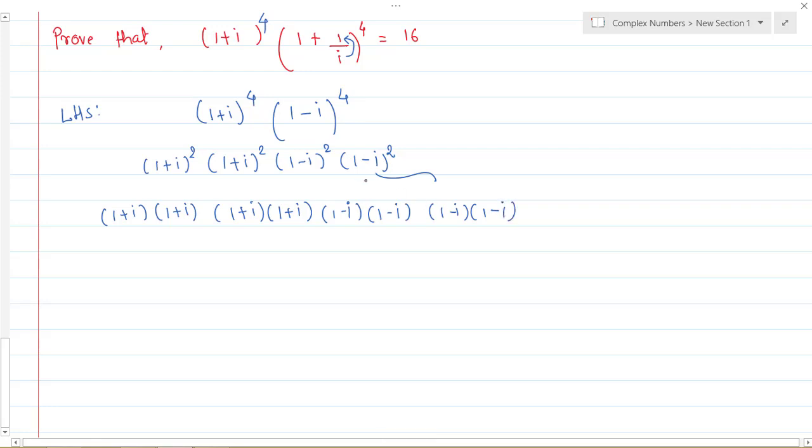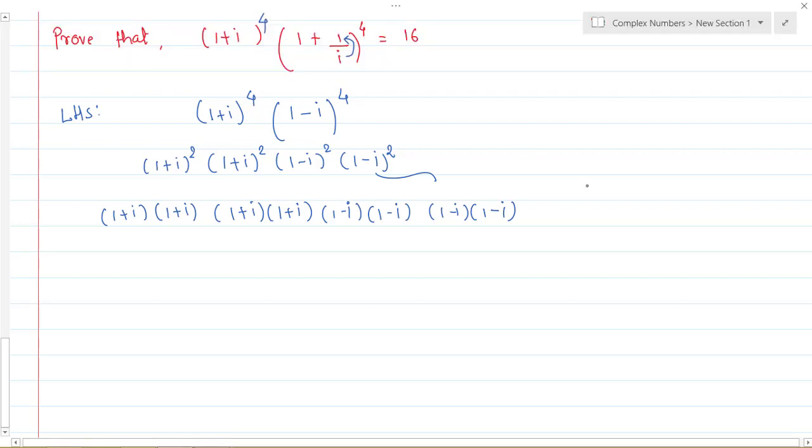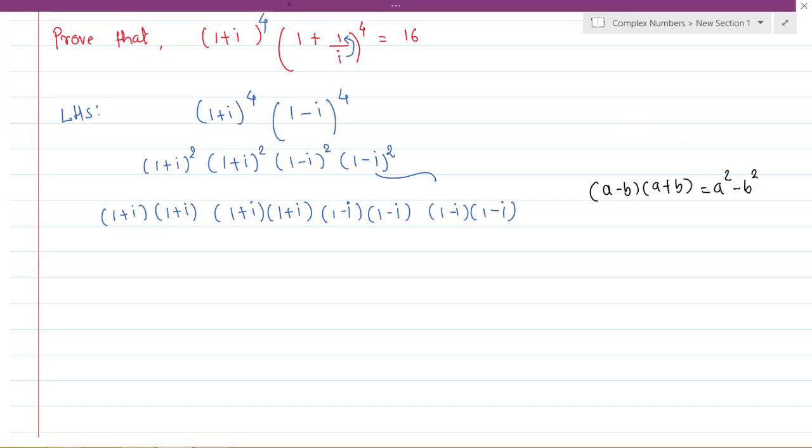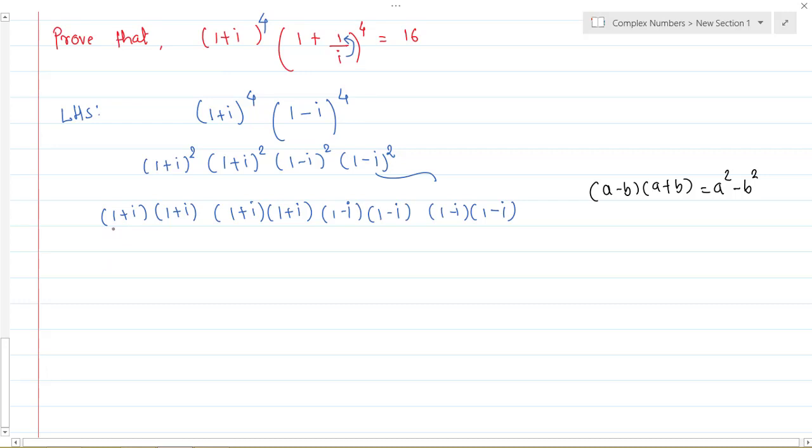Okay, now see here, you know the expansion of a minus b into a plus b, what is it? This is nothing but a square minus b square. So can we have here 1 minus i and 1 plus i? If I have the pairings like this, this part 1 plus i goes with this 1 minus i.